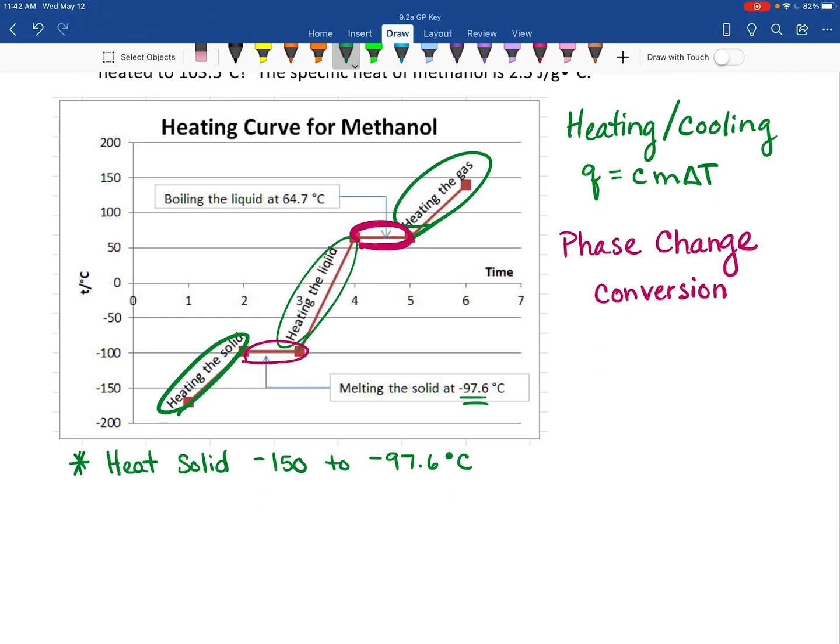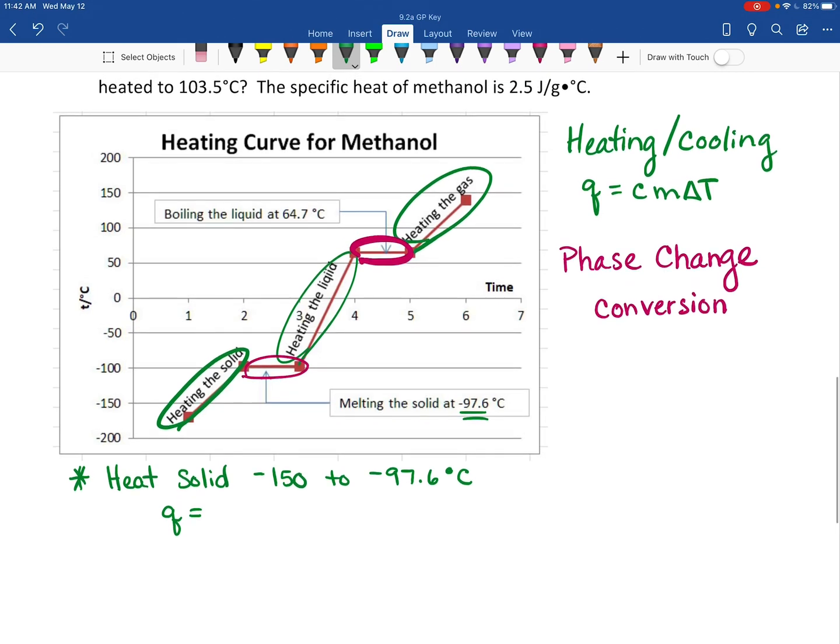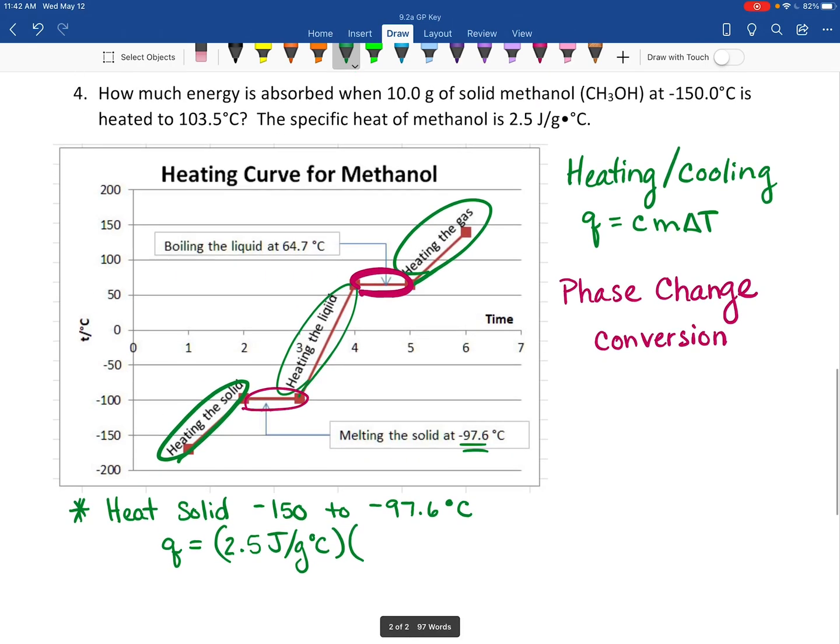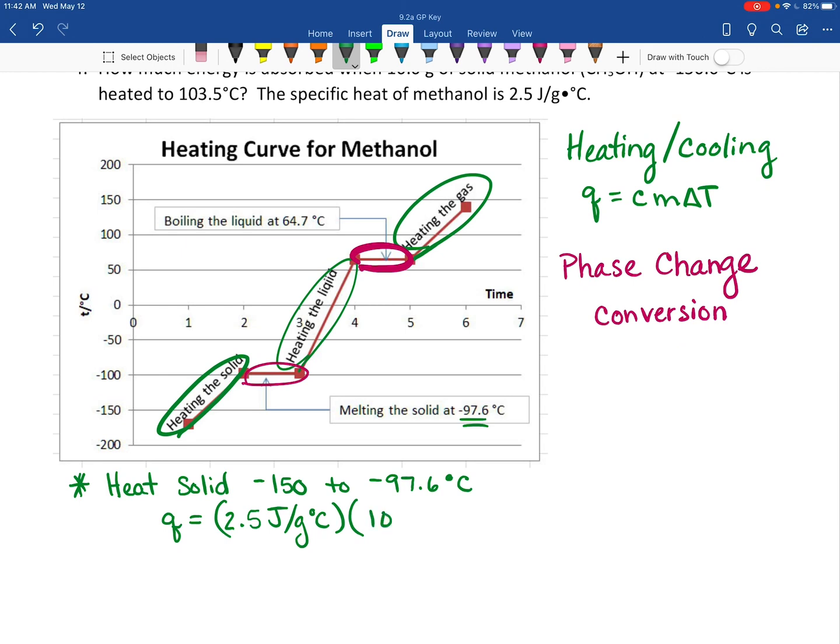Okay, so we're going to put that into our Q equals Cm delta T. So Q, which is heat, is going to be our specific heat, which is 2.5 joules per gram degree Celsius. We're going to multiply that by the mass, which was 10 grams in our problem. And then we need our change in temperature. Now we went from negative 150 to negative 97.6, so our final is negative 97.6.